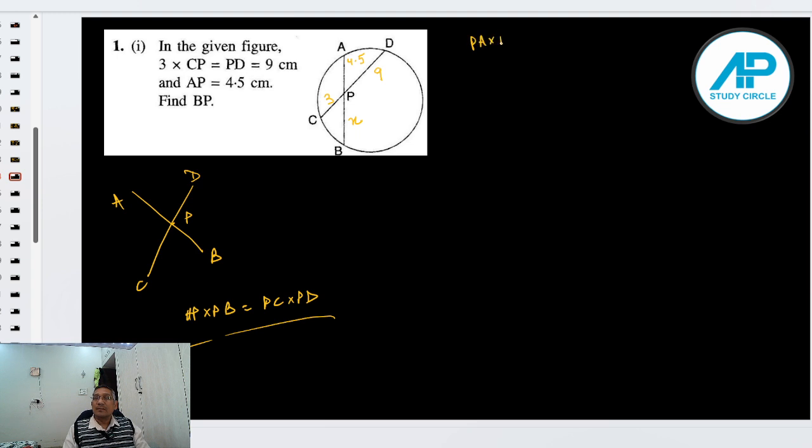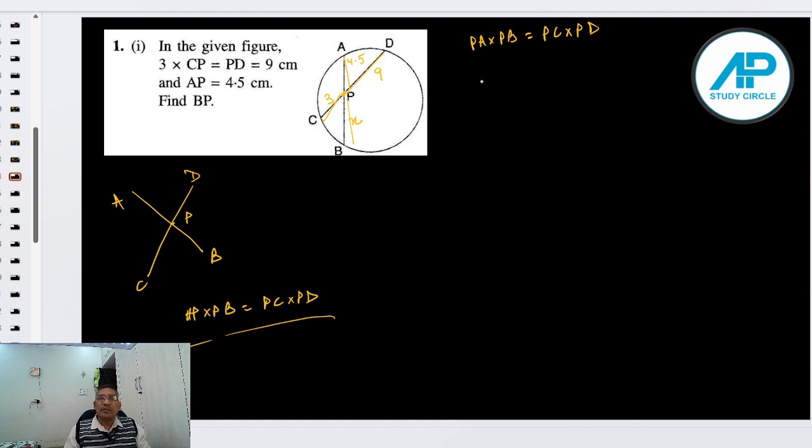PA into PB equal to PC into PD. Simple property. Start from the point of intersection and go across the two parts of the same chord, and again from this and this, you simply take it in this format.